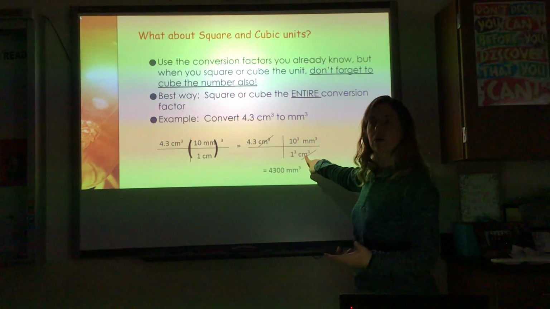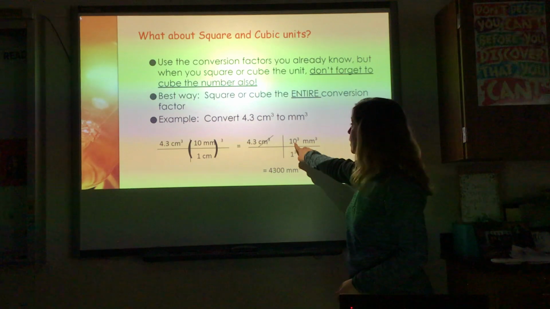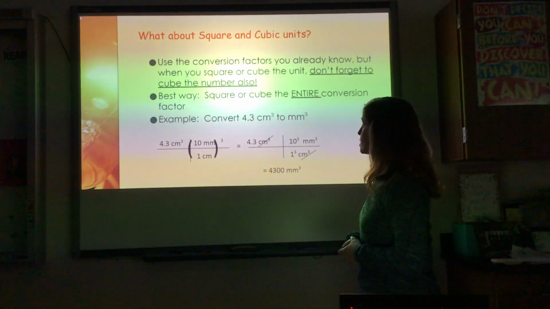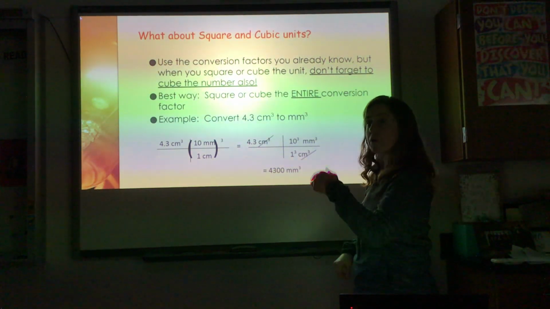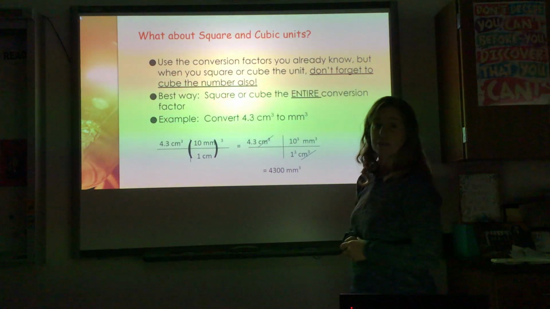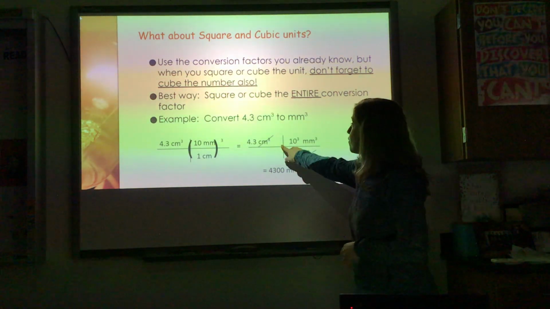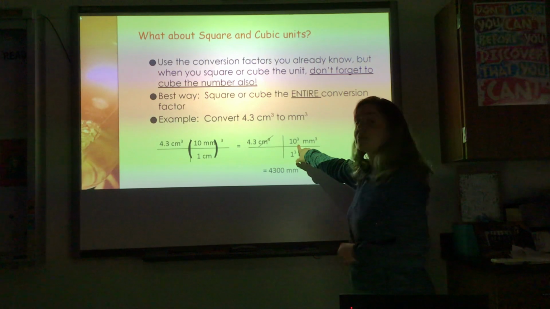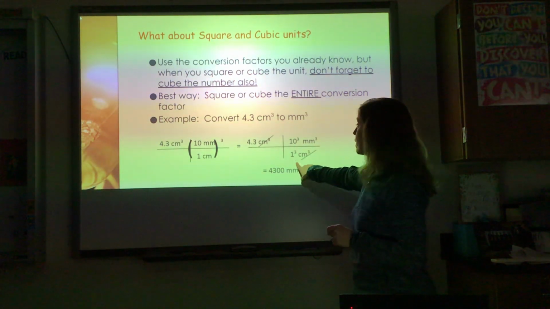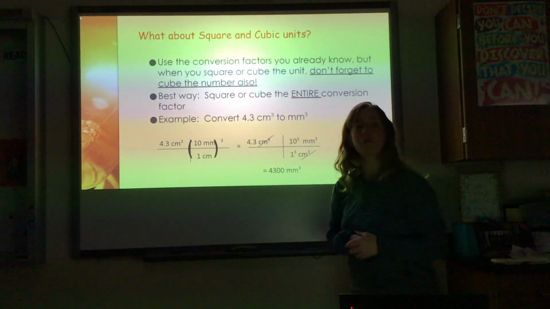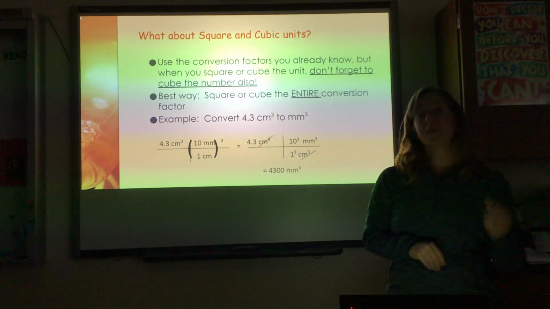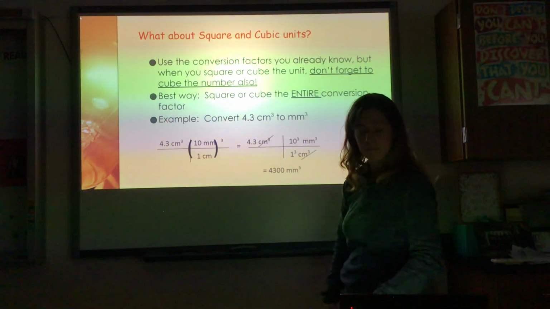Now, you know 1 cubed is just going to be 1. And then when we cube the 10, we're going to multiply it by itself 3 times, basically, is what you're doing. So, 4.3 times 10 cubed divided by 1 is going to give me 4,300 millimeters cubed. All right?